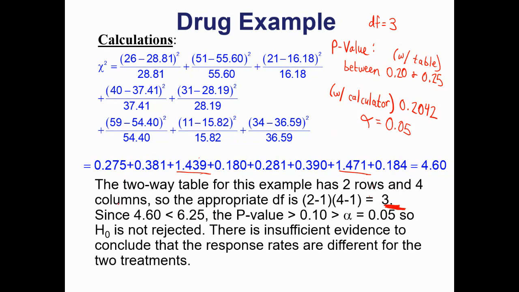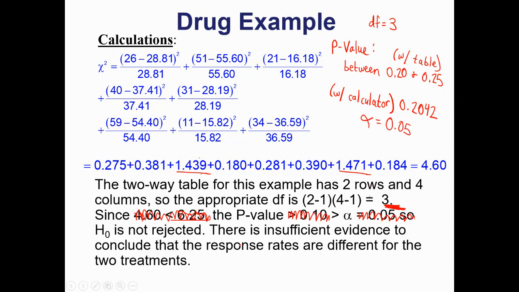So even down here, you can ignore this. Since the p-value is greater than alpha, H naught is not rejected.